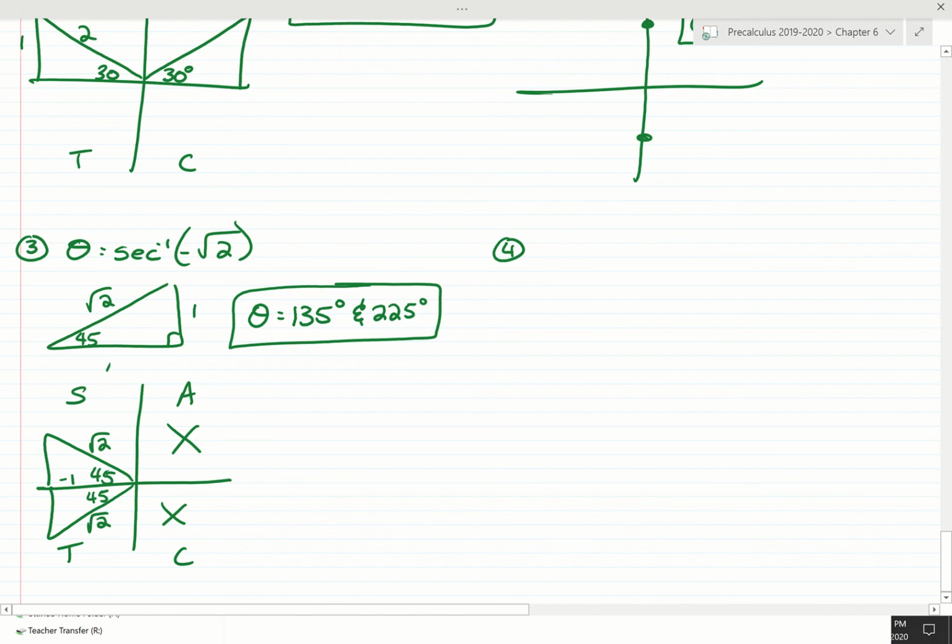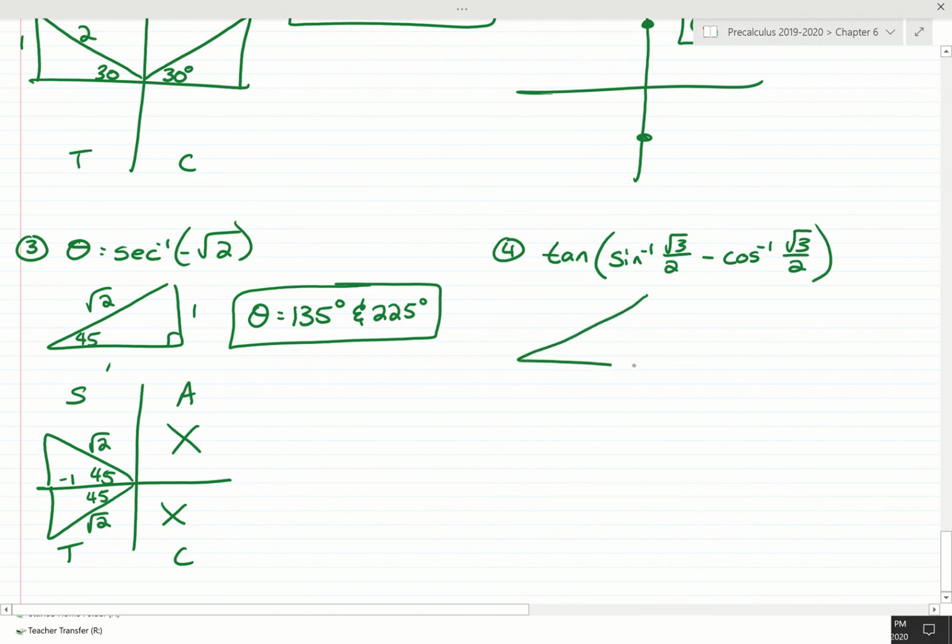Problem number 4, it's asking us, let's see here, to evaluate the tangent of the inverse sine of root 3 over 2 minus the inverse cosine of root 3 over 2.